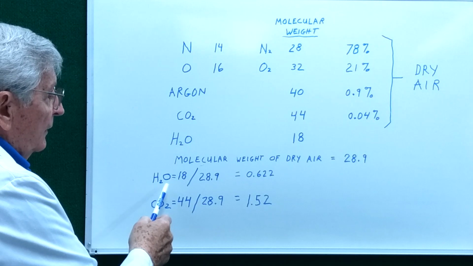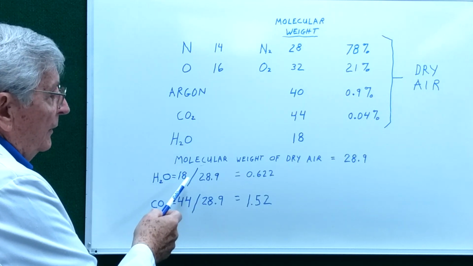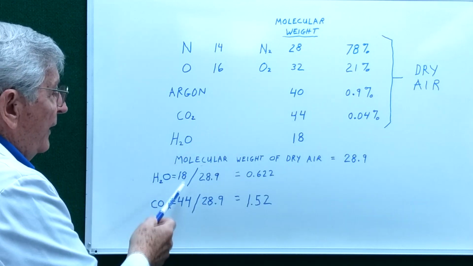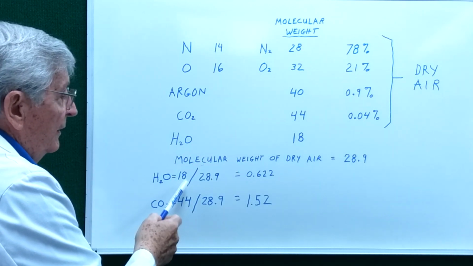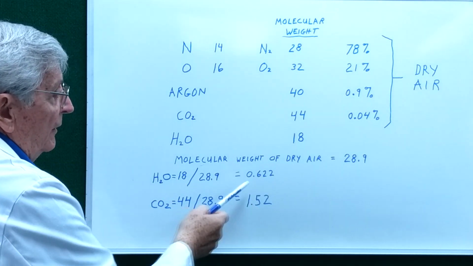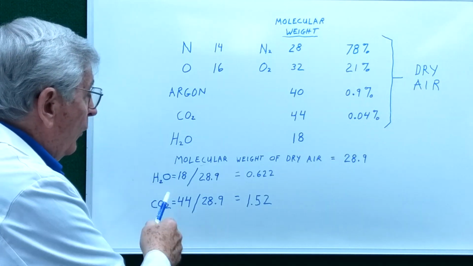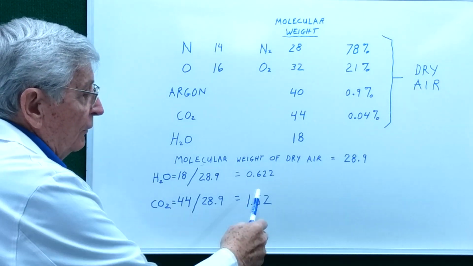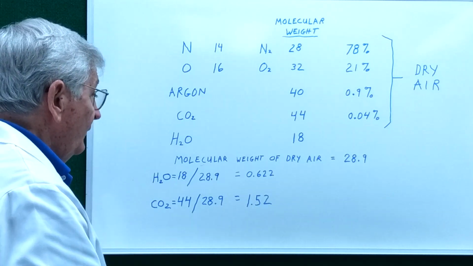So the density of H2O compared to dry air, I should say, is 18 divided by the 28.9, which is 0.622. So water vapor is only 62% as heavy as dry air.